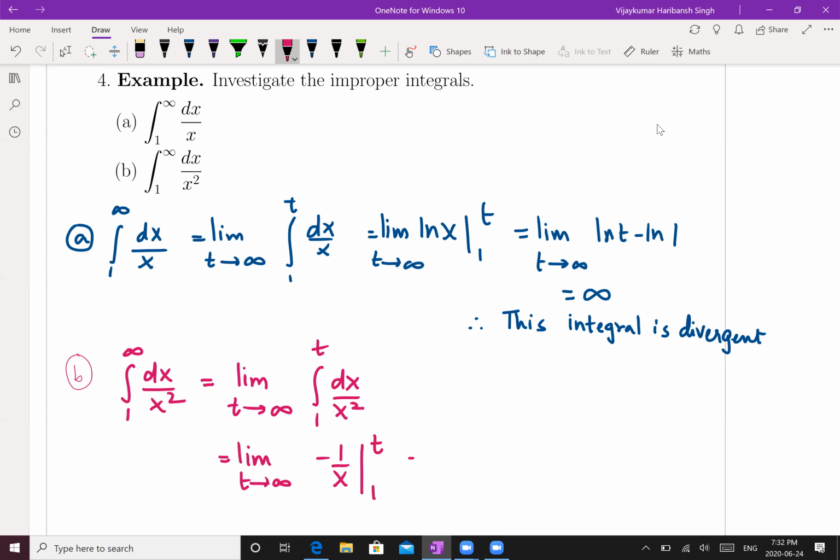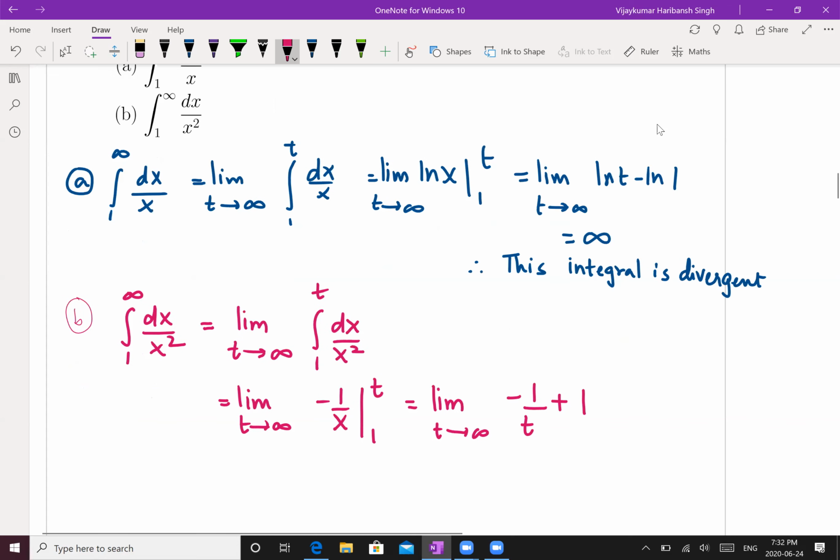This is going to be the limit as t goes to infinity of minus 1 by t plus 1. Now as t goes to infinity, this will go to what? Minus 1 over t will go to 0. So we get 1.